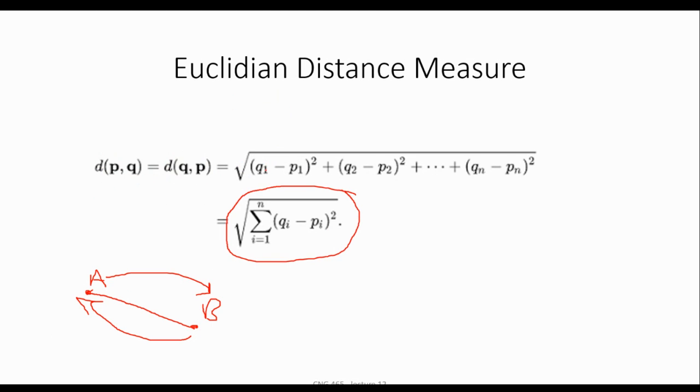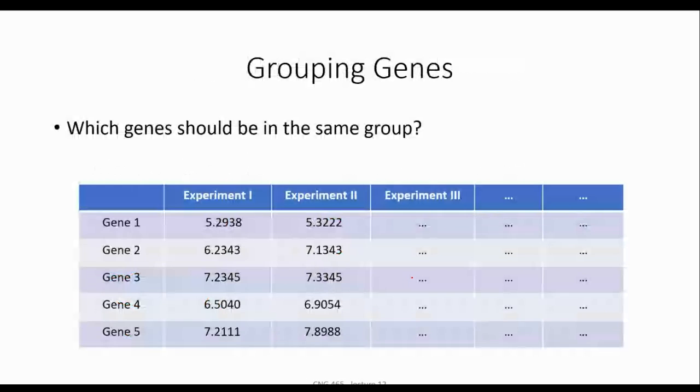You are finding the difference between two genes in a specific experiment. So i here stands for the experiments: experiment number 1, experiment number 2, and so on. And you power each one of them by 2, find the summation, and find the square root of that.